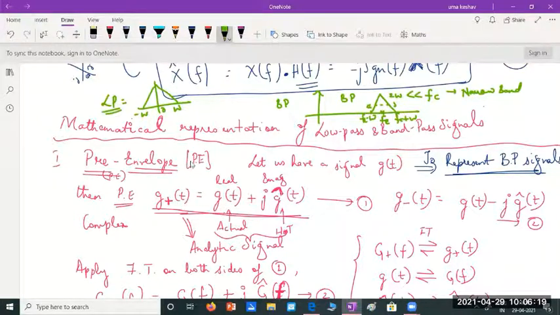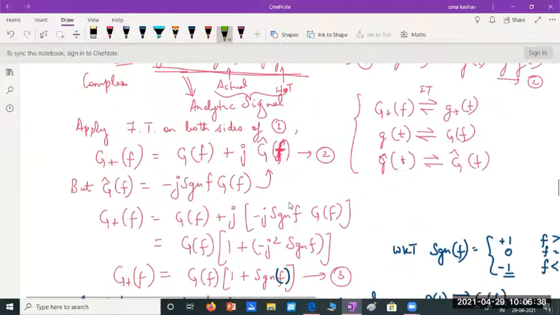It is the given signal g of t plus j times the Hilbert transform of the signal, g cap of t. So the pre-envelope is a complex signal whose real part is the given signal and whose imaginary part is the Hilbert transform of the signal.